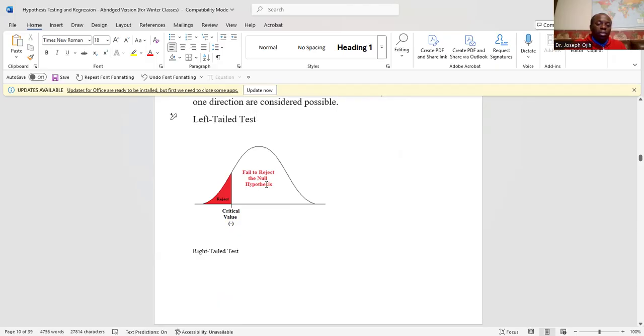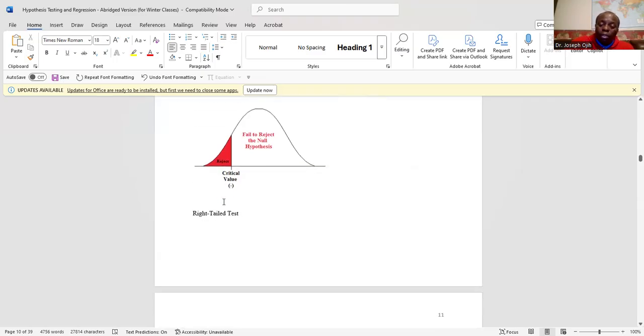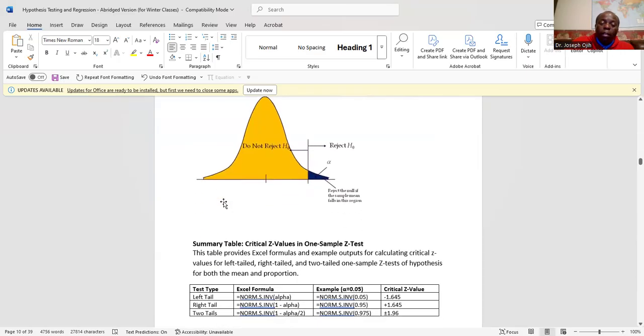When your answer falls in the non-shaded region, you don't reject. But if it falls in the rejection region, you reject your null hypothesis. The other one is the right tail. In that case, the tail is on the right side. If your answer falls here, you reject. If it does not fall here, don't reject.